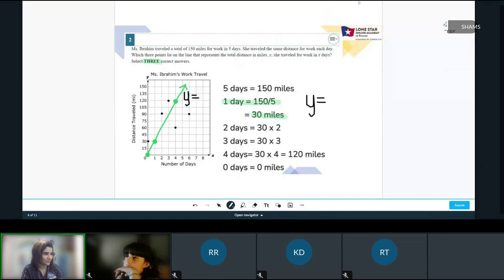Give it a try. Y equals 30x. Excellent, Jocelyn. Very good. Y equals 30x is going to be the rule that follows, because to find for number of days x, you will multiply it by 30. So the rule is y equals 30x.